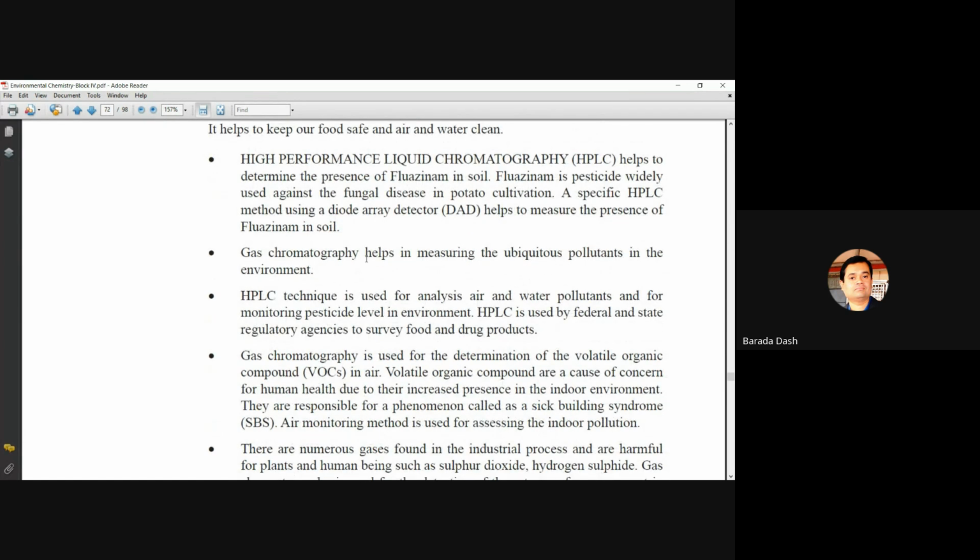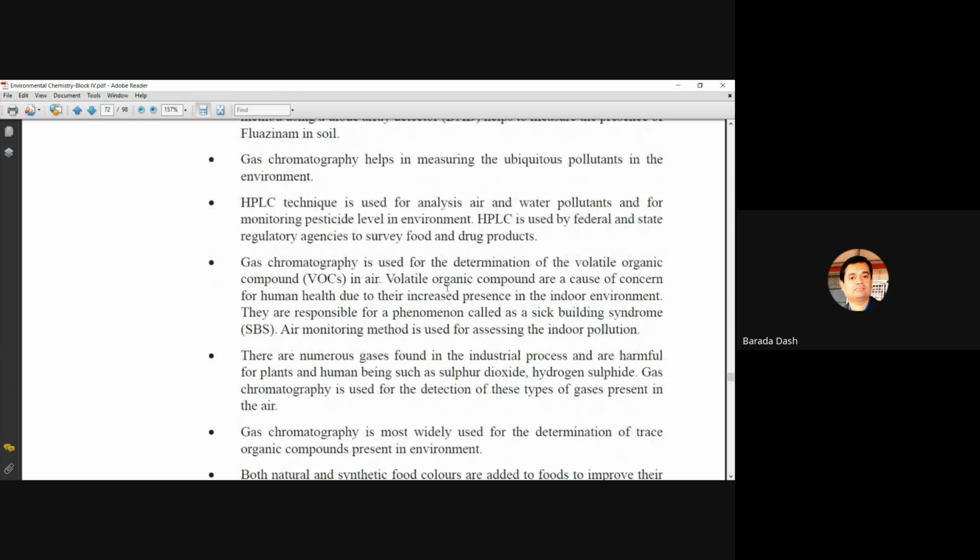Gas chromatography helps in measuring ubiquitous pollutants in the environment. The HPLC technique is used for analysis of air and water pollutants and for monitoring pesticide levels in the environment. Gas chromatography is used for determination of volatile organic compounds (VOCs) in air.